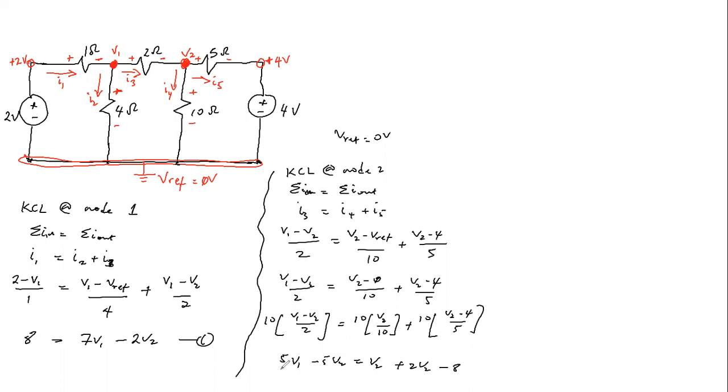Taking like terms, we get 8 equals minus 5V1 plus 8V2.